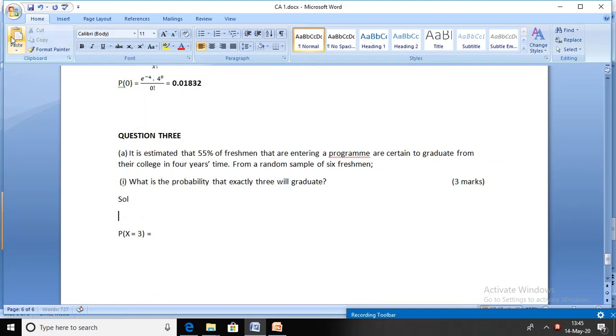That's the binomial formula. So where there is x, we are going to put 3. What other things are we given? We are given the probability, which is 0.55, 55%. That's a probability. So Q, which is the probability of failure, is going to be equal to 1 minus P. That's 1 minus 0.55.